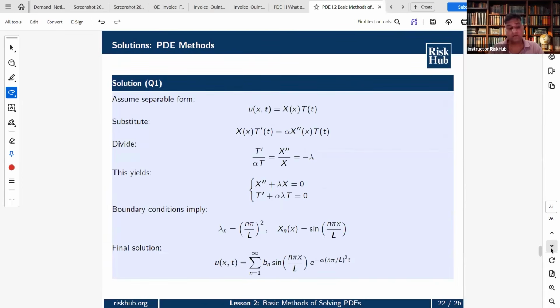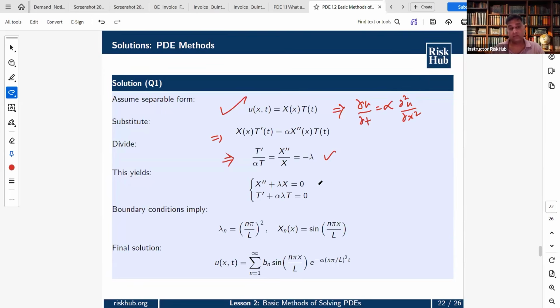So we have question number 1, which was the heat equation with homogeneous boundaries. Assume u(x,t) is equal to X(x)T(t). Substitute this into the equation, and we get this form. Divide through: T'/(alpha T) equals X''/X, which equals minus lambda.